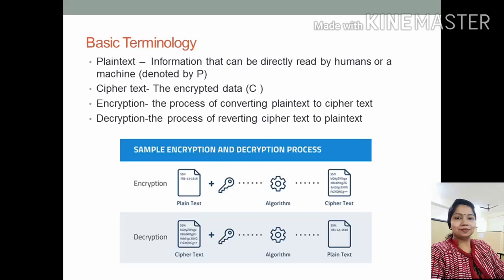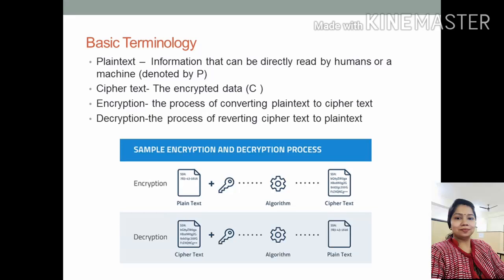Here we can see a plain text is given, and the key shown here is used in the algorithm for encrypting the plain text into a ciphertext. This key we are going to discuss in future. Further we will have a discussion on it. Then the decryption is shown here, where we use a key for the purpose of decrypting the ciphertext back to the plain text.